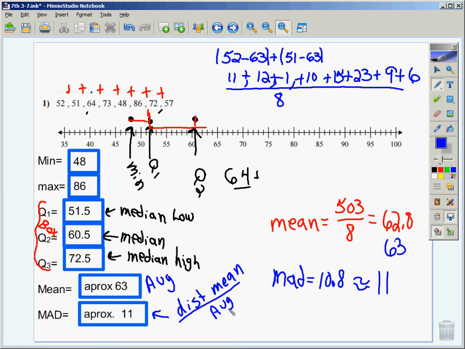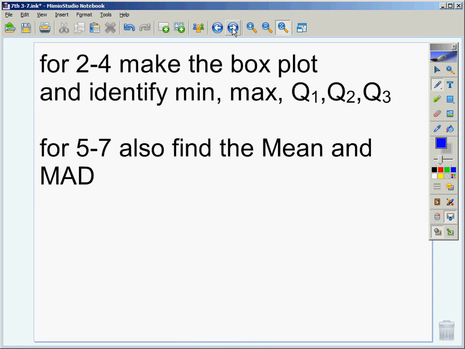How do we figure out which one has to be? Because I'm going to tell you in just a second. As soon as I'm sure everybody's done with this, I'm going to tell you which pieces you're going to do on which ones. Am I good? Okay. On problems 2 through 4, you are just going to do the min, the max, Q1, Q2, Q3. Obviously, that means you're making the what? The box plot. Okay?